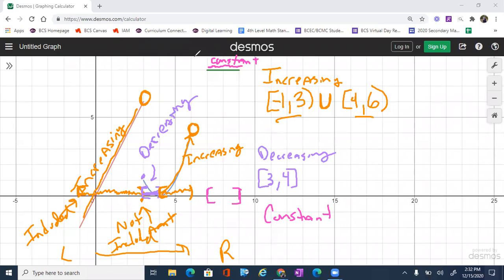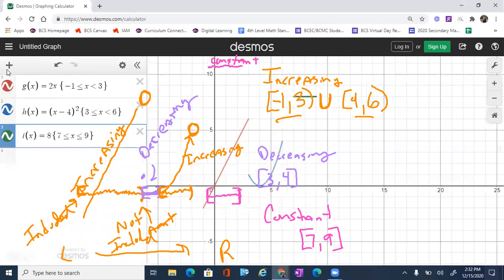So it is also included and it is constant in between those values on the x-axis. So it is constant between 7 and 9. And just as a reminder, we are looking at the x values 7 and 9.